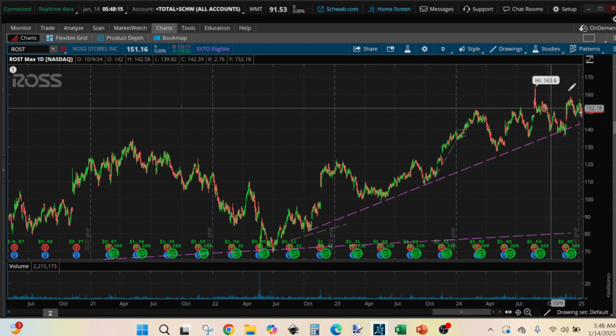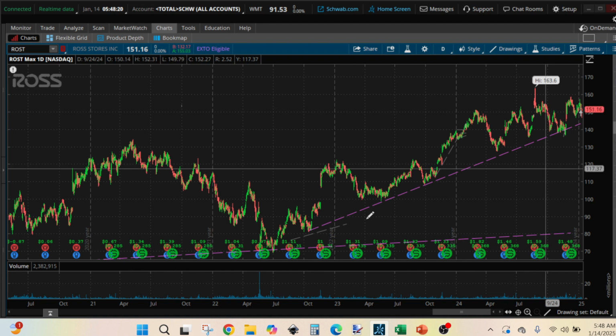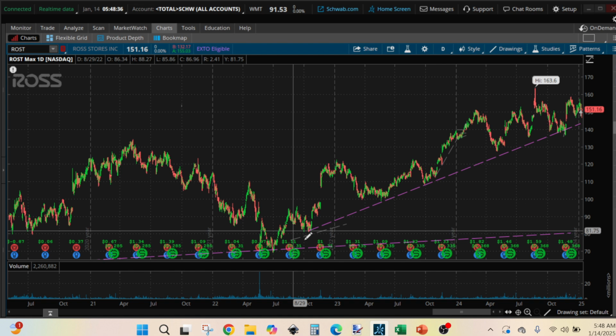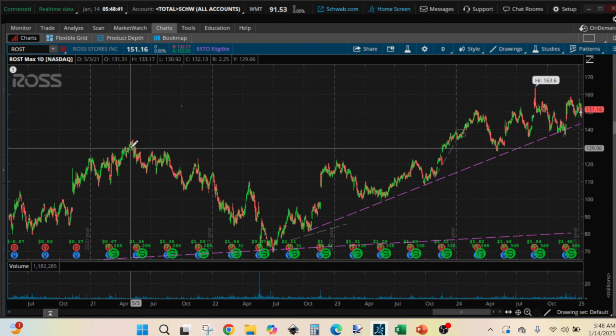So it took about 2 years to create this side of the mountain. If it's going to create this wide mountain here, it took about 2 years to create it, and it could take about a year to do the other side as well.